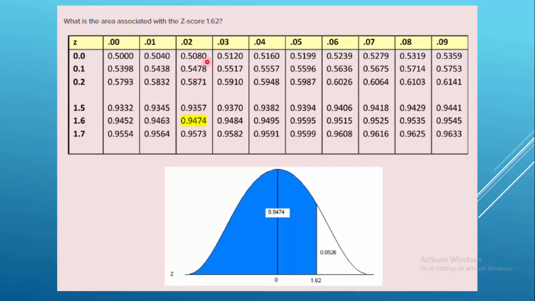Altogether it is 1.62. The intersection of 0.02 and 1.6 gives us the probability, remembering that this is the cumulative probability from minus infinity up to 1.62.